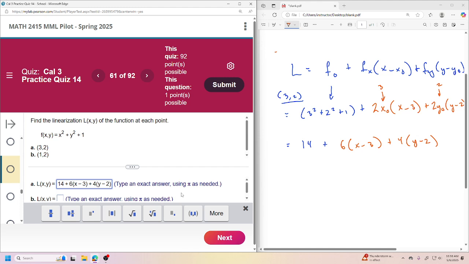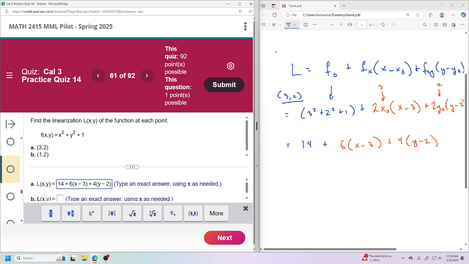This is one that I got wrong on the exam. Okay. Now we could simplify that. There's no point to it really.